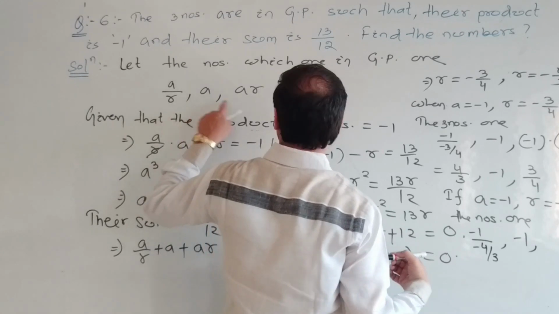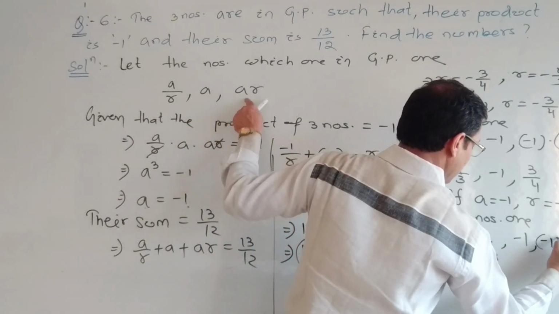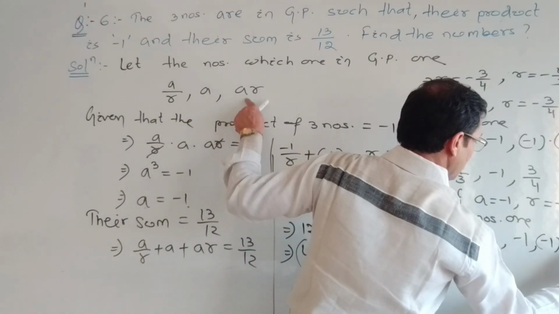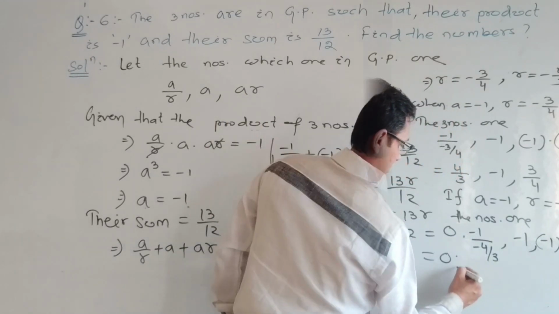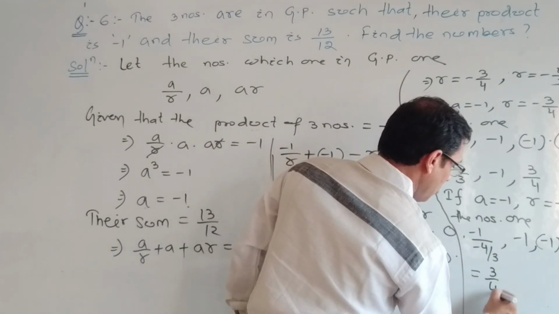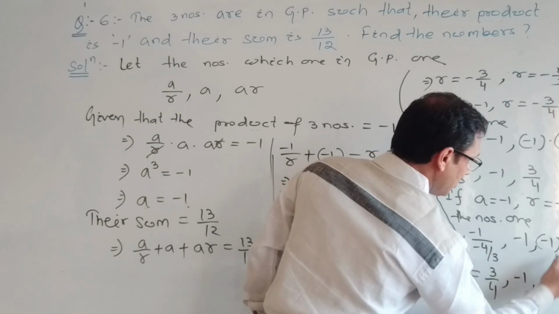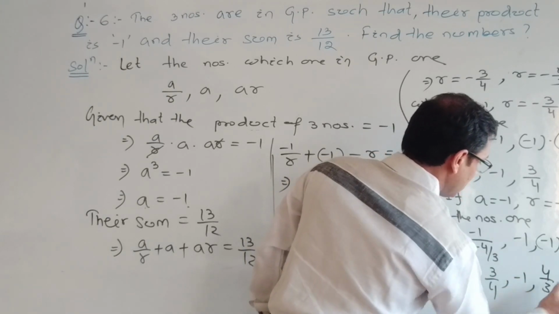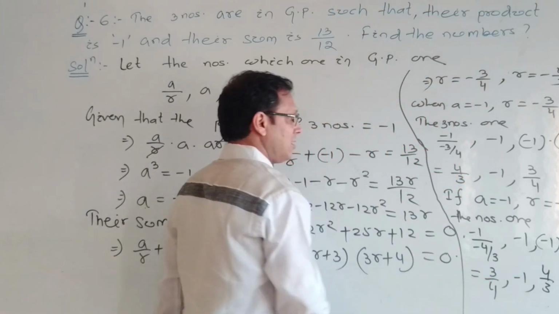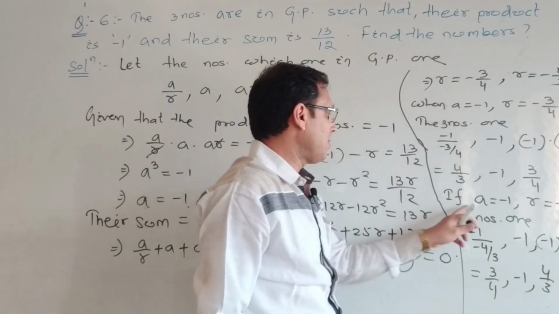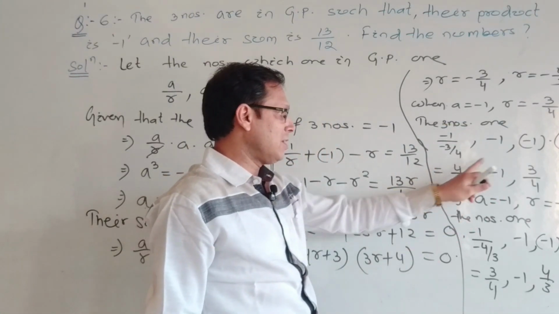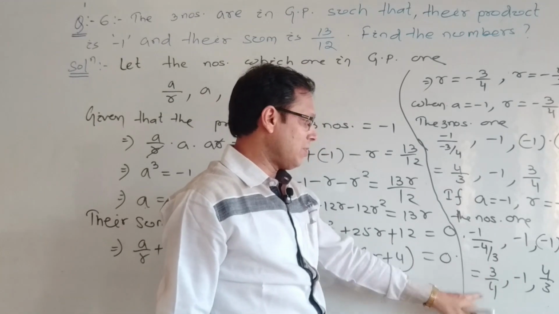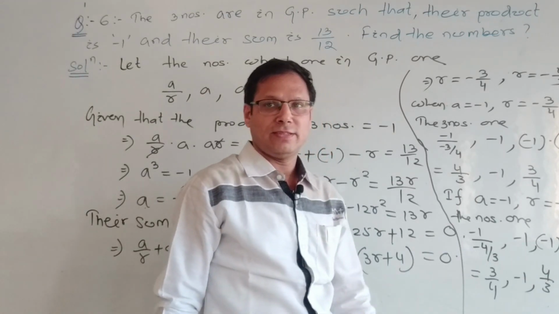A is equal to minus 1, then AR is minus 1 into minus 4 by 3, that is equal to 3 by 4, minus 1, and 4 by 3. So the answer is two sets of 3 numbers, that is 4 by 3, minus 1, 3 by 4, and 3 by 4, minus 1, 4 by 3.